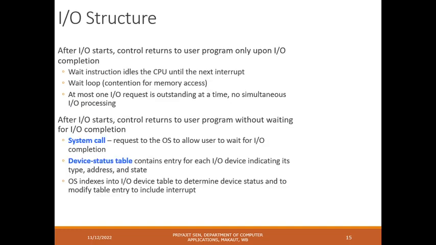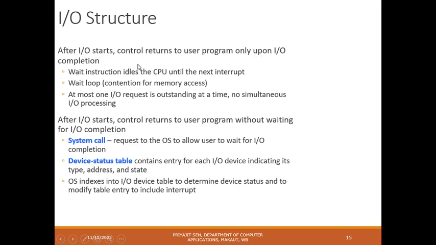Now if we go to the IO structure, input output operation means, as I told you, the function of the operating system is to perform IO management. This IO management is controlled here by using this operation. You can see that after IO starts, when the IO operation starts, control returns to the user program only upon IO completion.